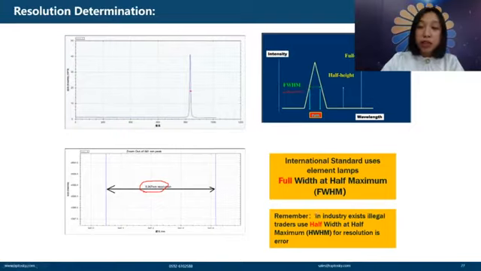Some suppliers use half width and half maximum to name it, which is an error and wrong. So pay attention to FWHM, full width at half maximum.